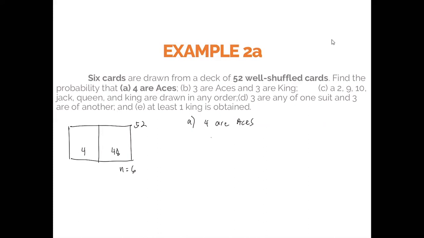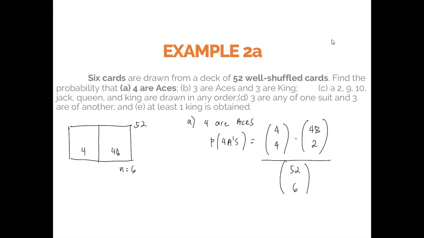Okay? So, yung probability na 4 are ace will be, mula dun sa 4 na ace, kunin natin yung apat. Tapos yung failure natin o yung remaining natin na 48 cards, kukuha tayong dalawa. Okay? So, ito, over 6. Then, applying lang sa calculator natin. 4C4 multiplied by 48C2 divided by 52C6.